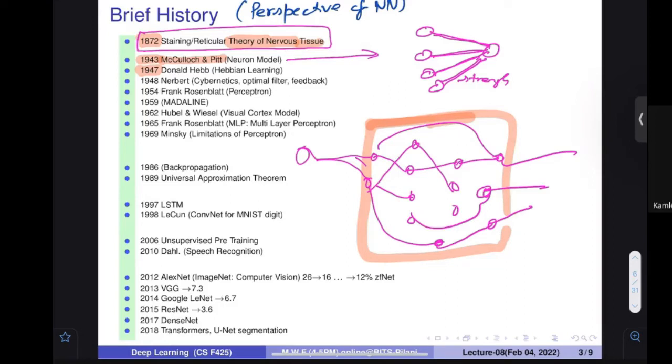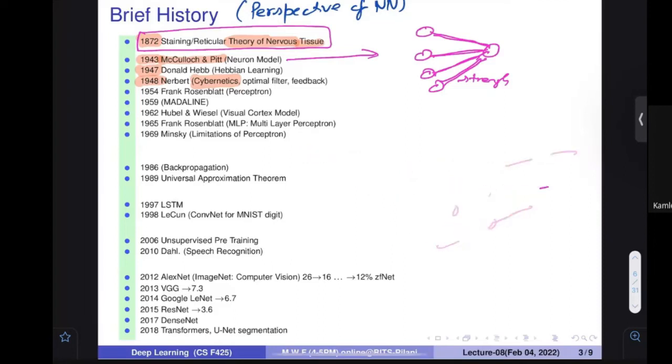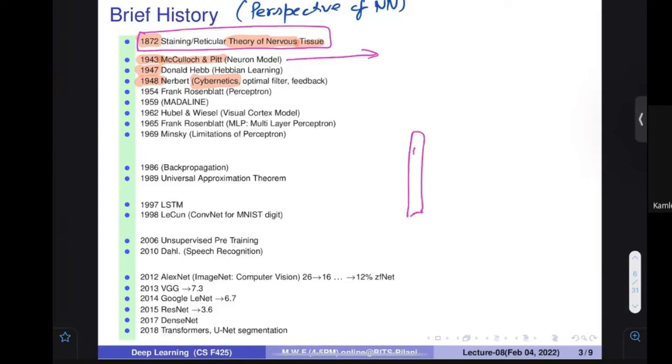Then after a few years, into the next year itself, there was a concept called cybernetics that came. And this is again an interesting concept. In diodes, you may have seen, for example, a PNP diode, there is something called biasing and PN junctions.